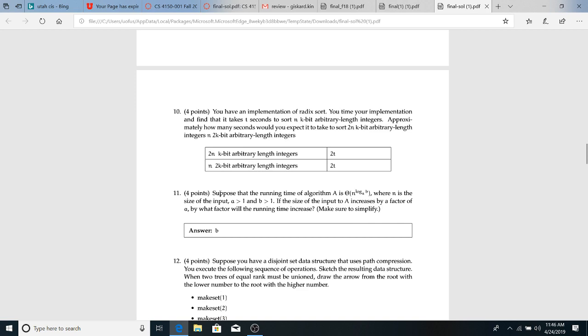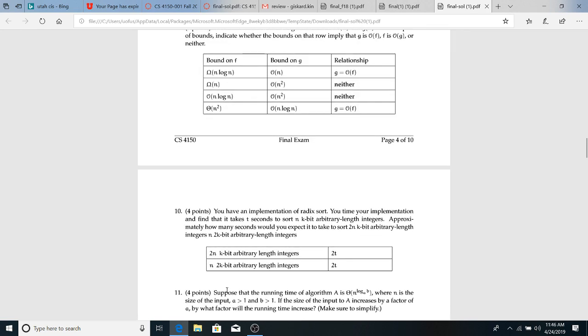Let's see. Yes, this is a pretty good one. Number 11. So if you have an algorithm where the complexity is n to the log base a of b, where n is your input size, how will you change your input such that the complexity increases by a factor of a?